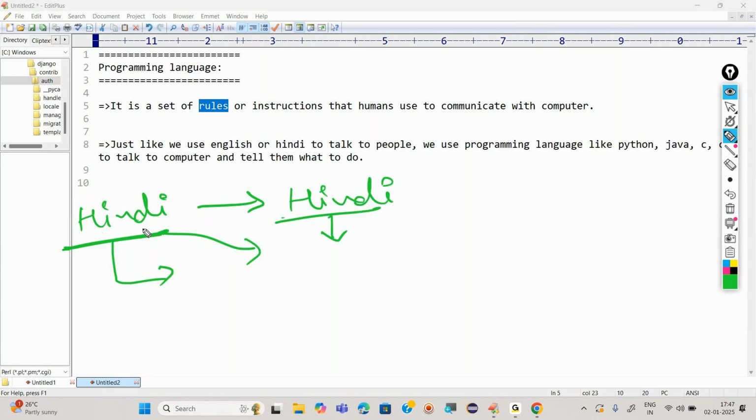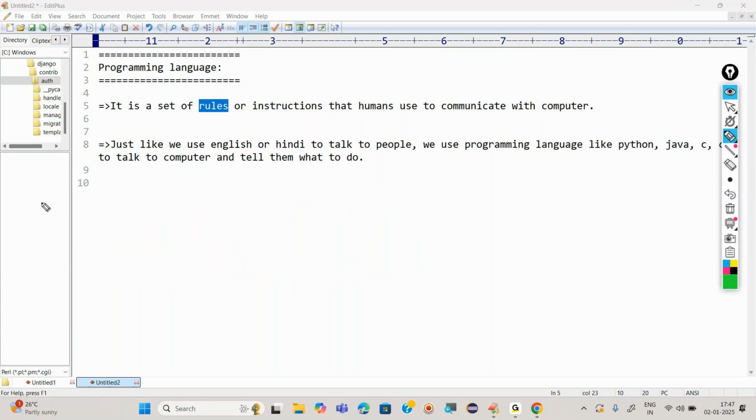Similarly, as a Hindi person, I don't know Telugu, so if you speak in Telugu, I can't understand it.